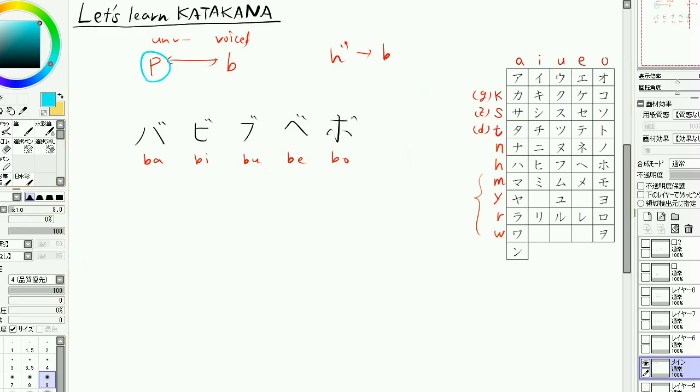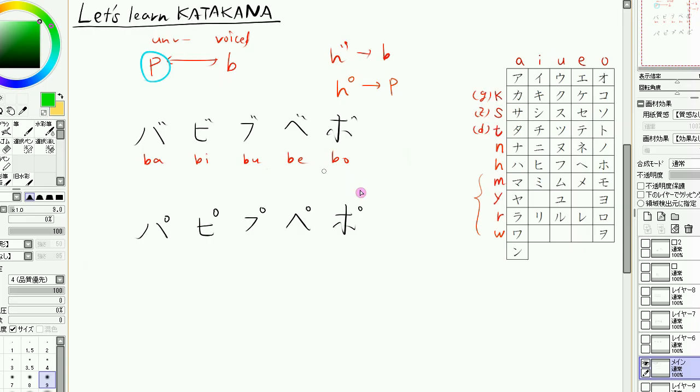You don't have P in Japanese? Of course we do. We have P sound. And here's how you can do it. Okay, the P sound is actually like that. Now what I'm doing is I'm putting a circle here above the H row, and that becomes P sound. Very strange, I know that.